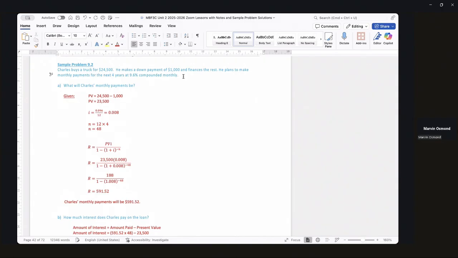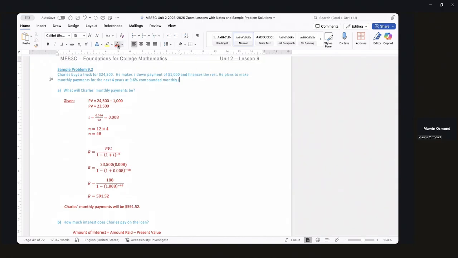Monthly means, again, put this in red, it means 12 times per year. So that means there's going to be 12 times per year where you are making payments.